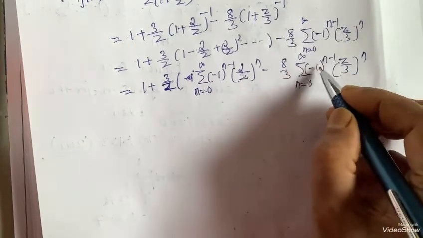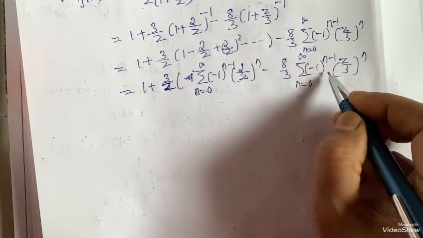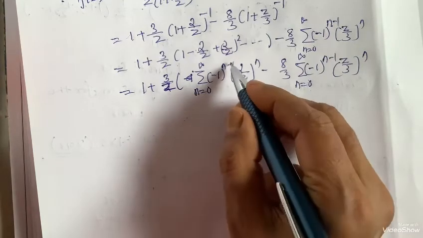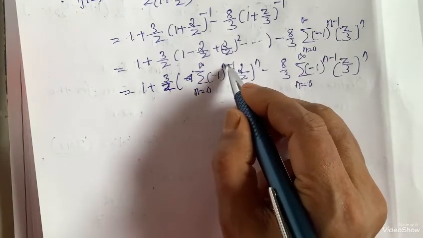Because if you put 0 here, with minus 1 raised to n minus 1 you are not getting plus 1. It is n itself, because minus 1 raised to 0 is plus 1.